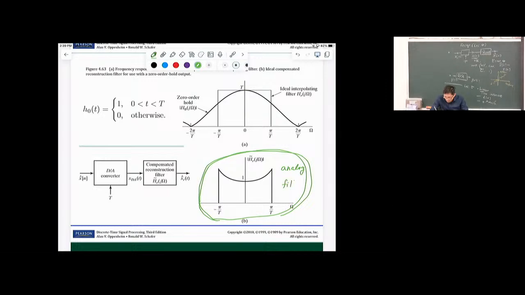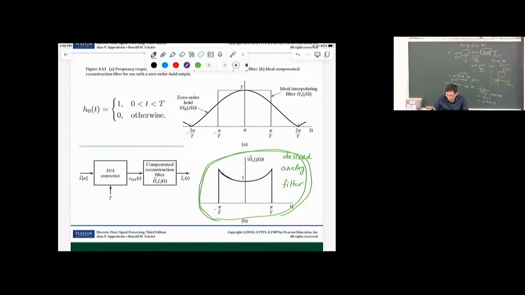The desired analog filter, we say after zeroth order hold, its frequency response should look concave up between plus and minus the Nyquist rate.